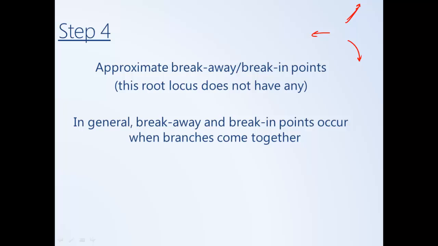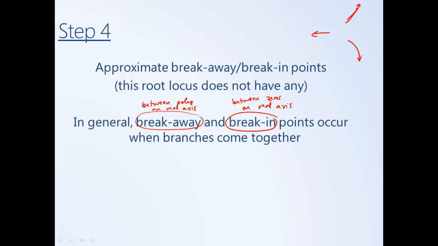In general, a good thing to look for is that breakaway points tend to come between poles on the real axis, and break-in points tend to come between zeros on the real axis.